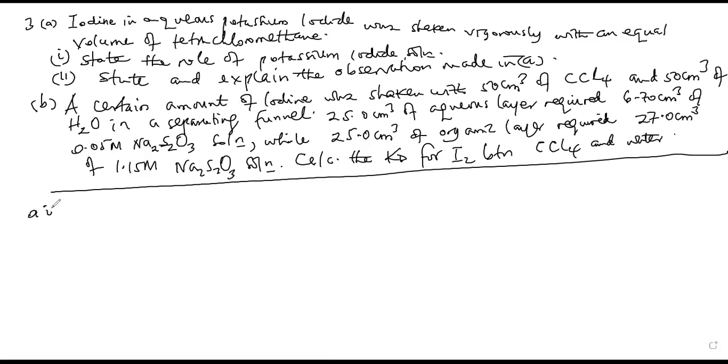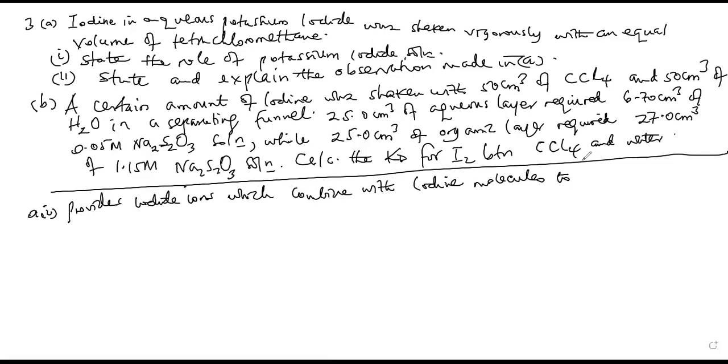So for part A, 1, the role of potassium iodide is to provide iodide ions which combine with iodine molecules to form a soluble complex of triiodide ions.